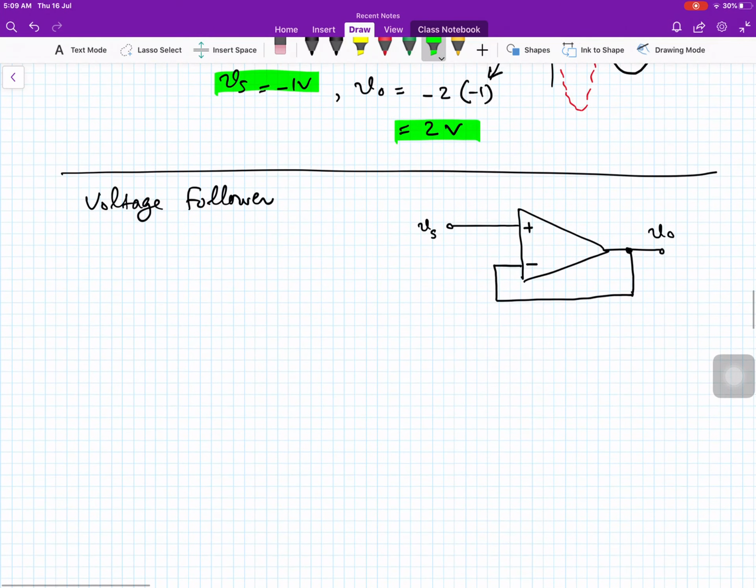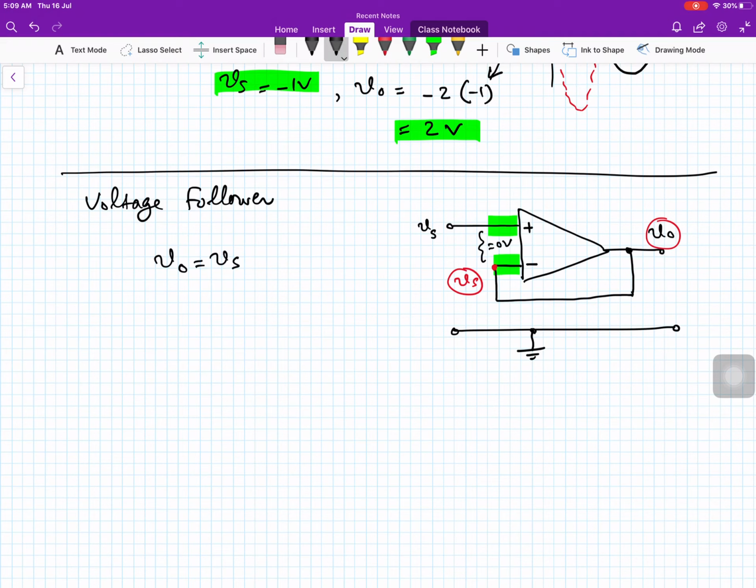Therefore, both voltages are the same with respect to ground. So what is the voltage difference between these two? This is equal to 0 volt. The voltage here will be Vs, and it is very clear that the output voltage is equal to Vs.